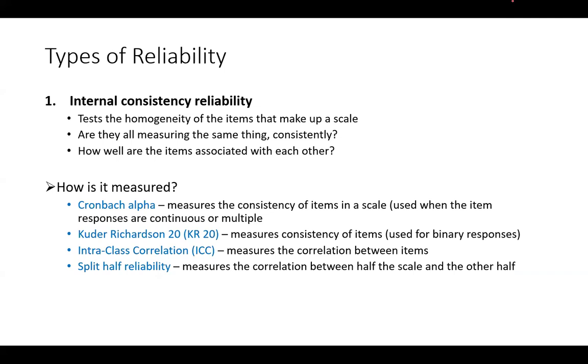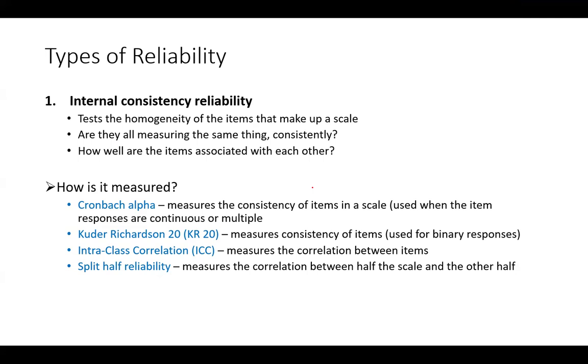In Cronbach's alpha, similar to any correlation coefficient, it goes from 0 to 1, and the higher, the better. And there are other types of coefficients, such as Kuder-Richardson, used when my items are binary.